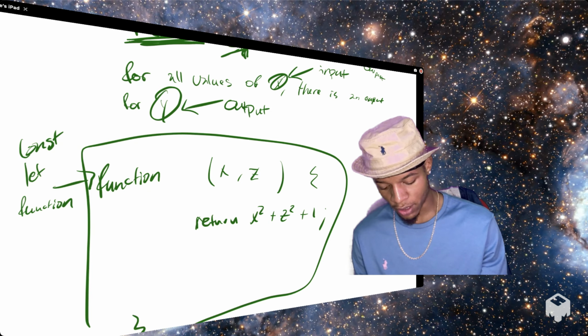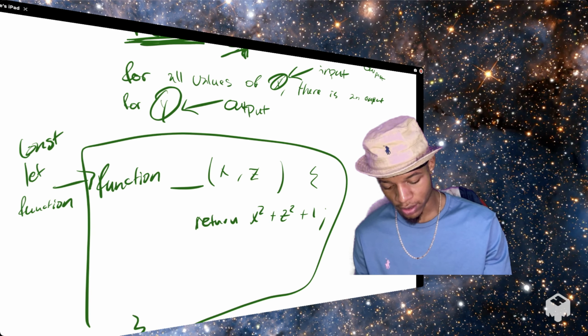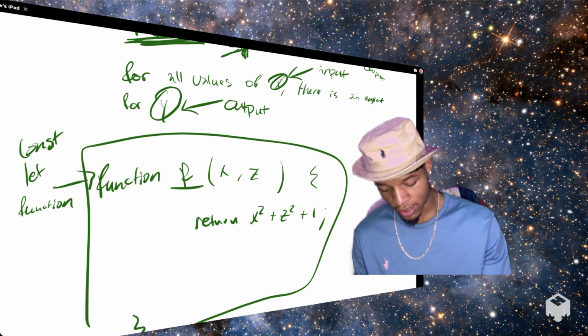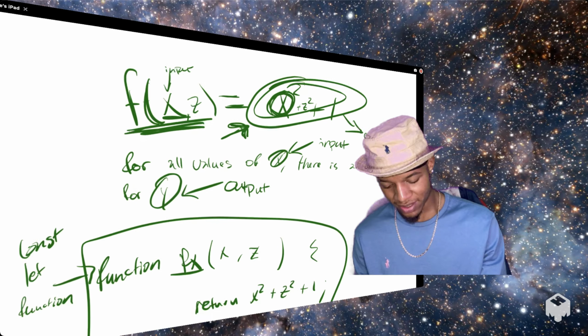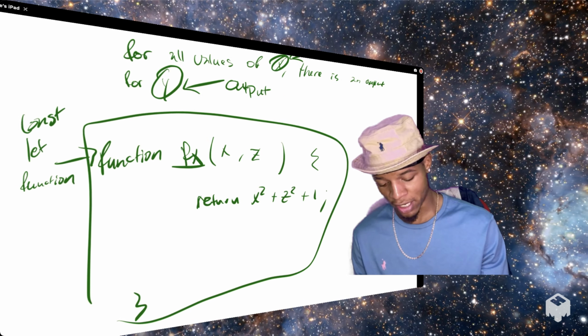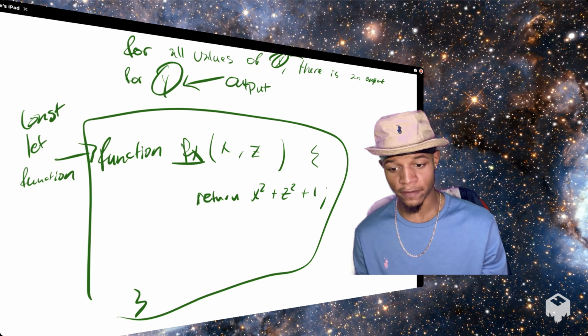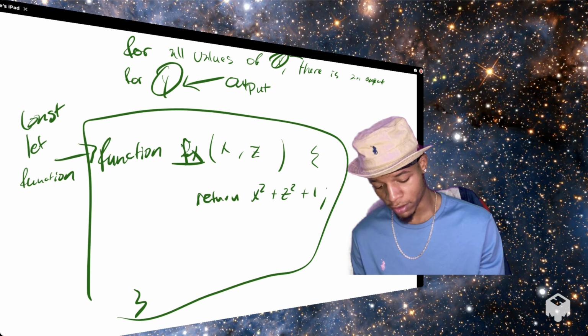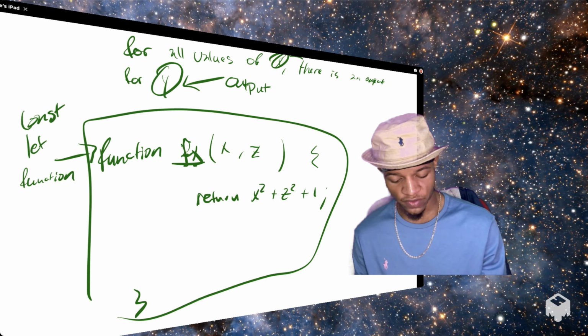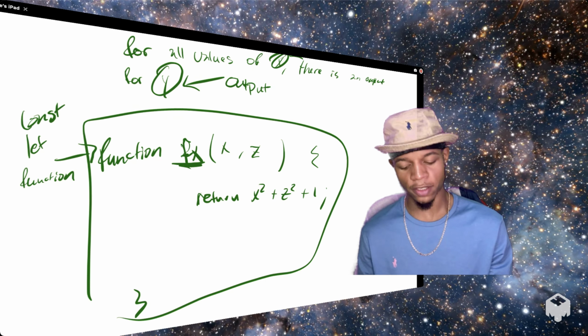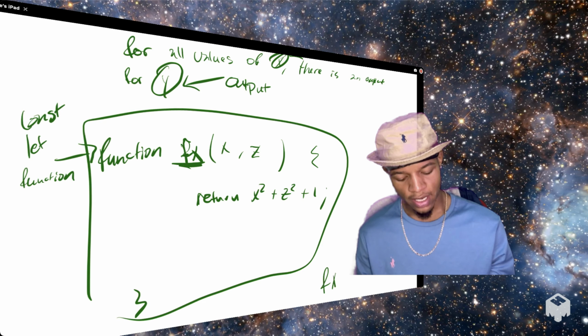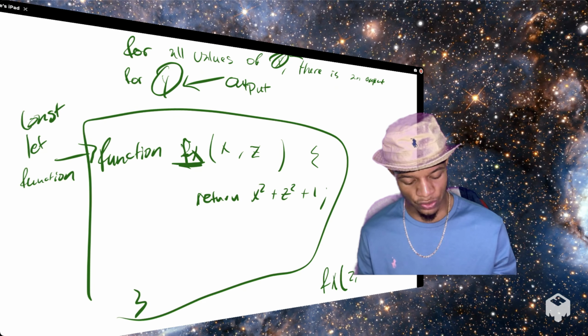And then we need our name. Let's just call this fx, like f of x. We can declare function names with a lowercase letter and another letter, so fx works.